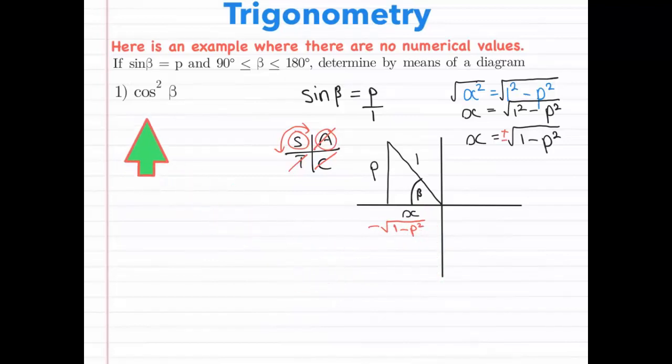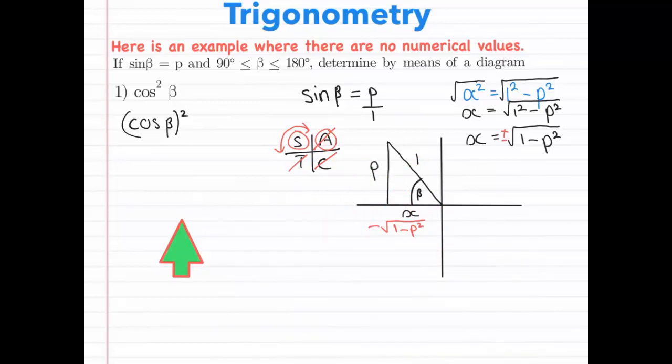Okay, great. So now we just have to solve for the cosine squared of beta. Now you know from before that we rewrite that cosine squared of beta as the following. We will say that it's the same as the cosine of beta in brackets squared, and then we simply go and find the cosine of beta. There's beta and we've got the three sides, so it will be the adjacent over the hypotenuse.